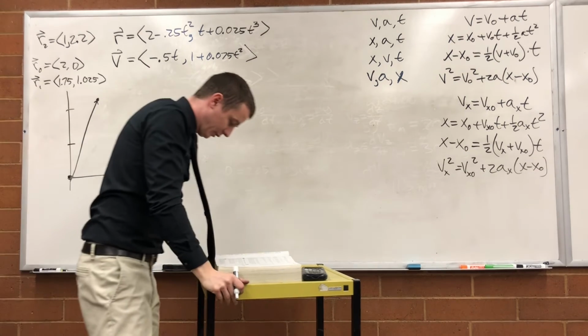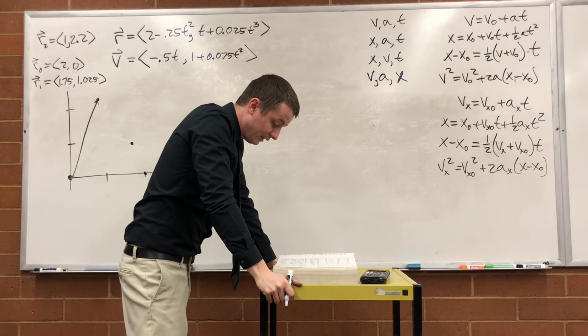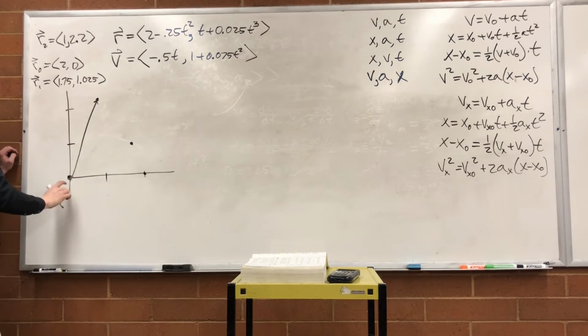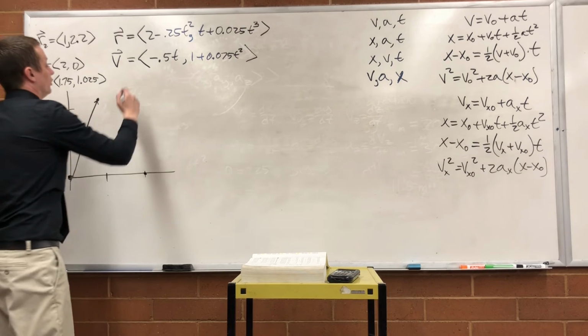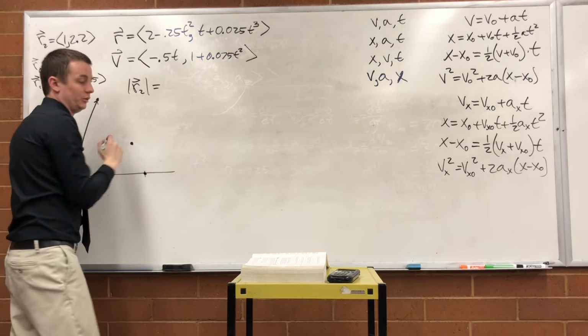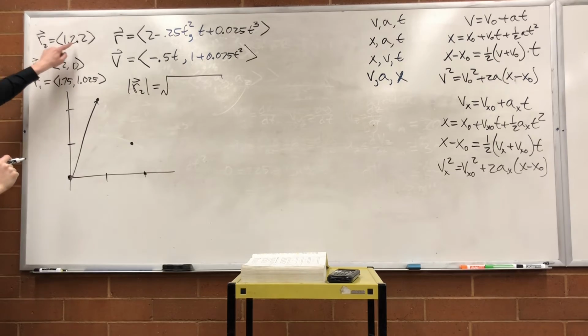Now I can't remember what we were actually trying to do. Just A, find the rover's coordinates and distance from the lander at time equals 2. Okay, distance. Distance from here to here is just the magnitude of this vector. The length. That's right. So the magnitude of R2 is equal to the square root of the sum of the squares of its components, that squared plus that squared.